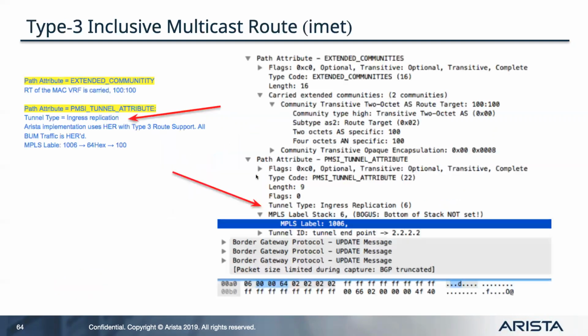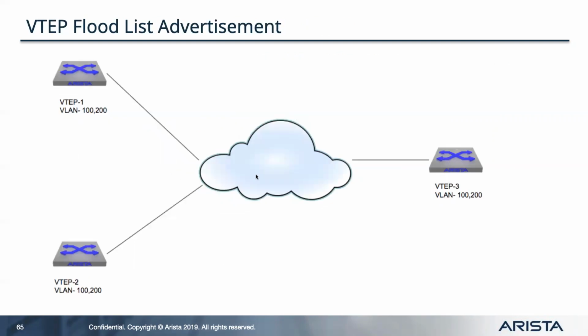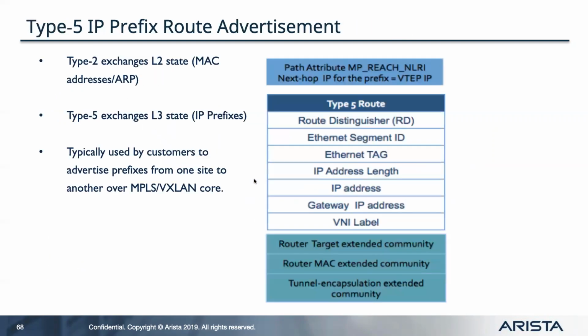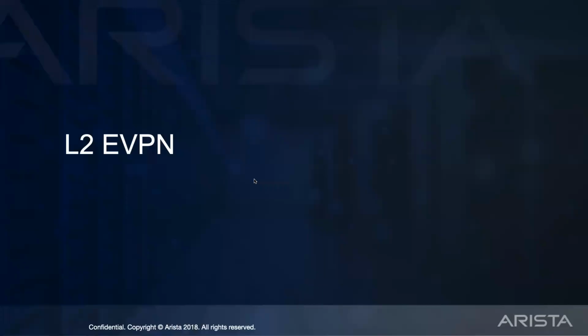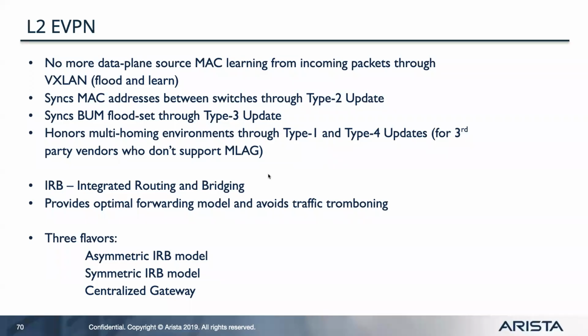Before that, we also understood the different models, VLAN-based, VLAN-aware, and bundle services. Now let's discuss L2 EVPN, and after that L3 EVPN. So now we will start L2 EVPN.